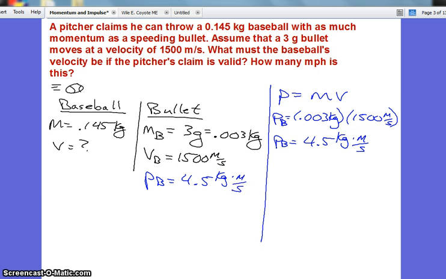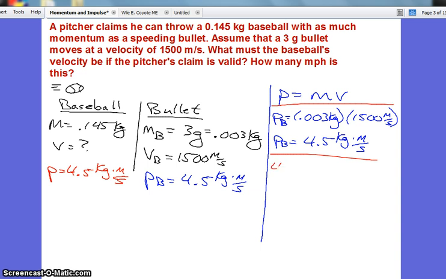And now we're going to assume that the baseball has the same momentum, 4.5 kilograms times meters per second, and see what that velocity must be in order to get that amount of momentum. So the same equation here, we don't need to rewrite that again.